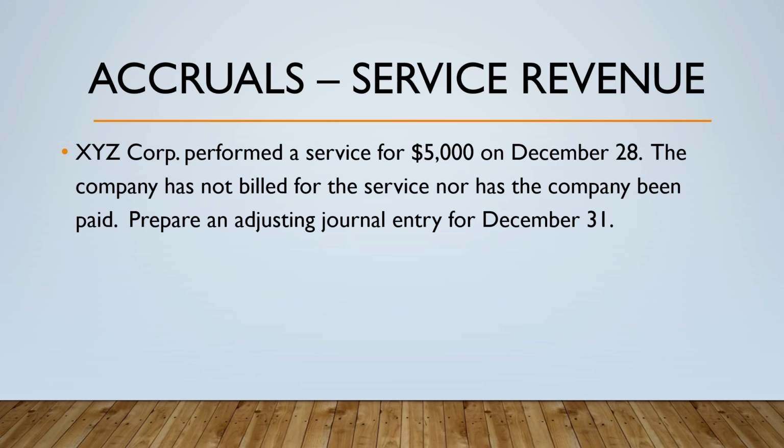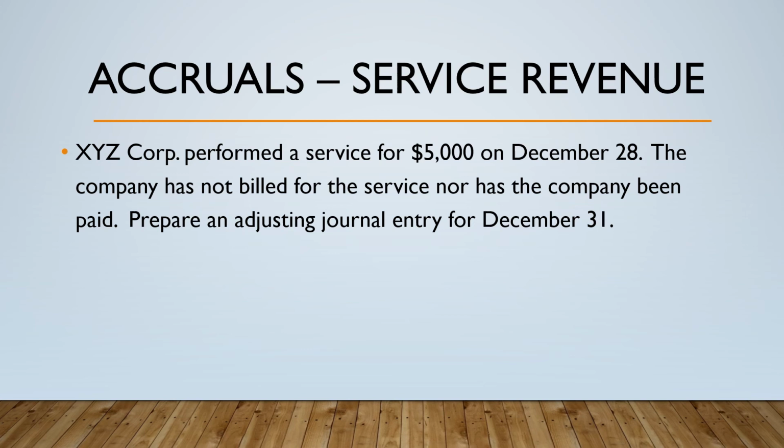So when we go in and we look at this, this is going to be very similar to what we saw in the previous chapter when we were billing for a service but had not been paid for it yet. So in this case, someone owes us money, and when somebody owes us money, that's going to be an accounts receivable item.